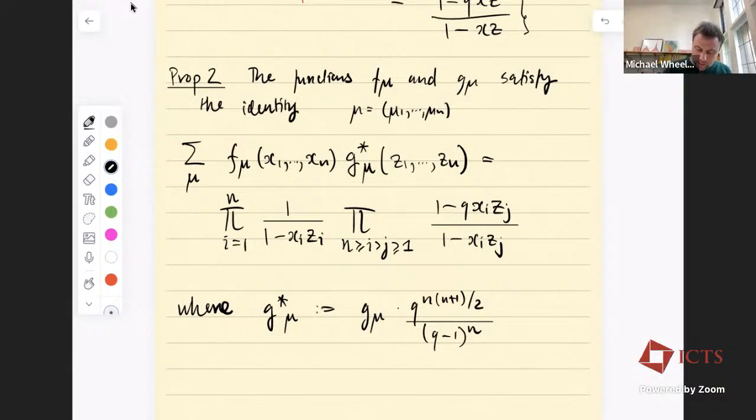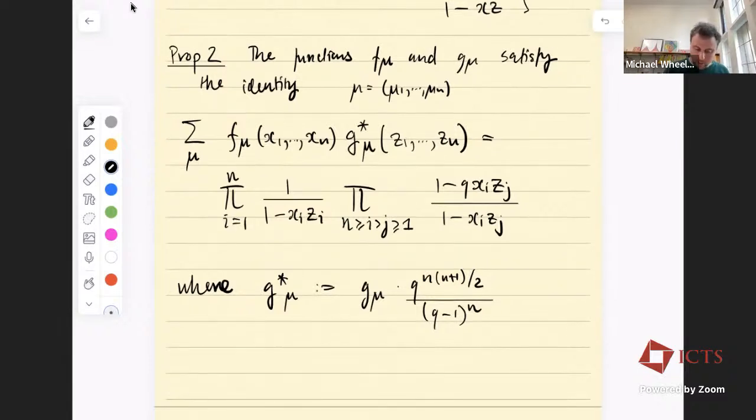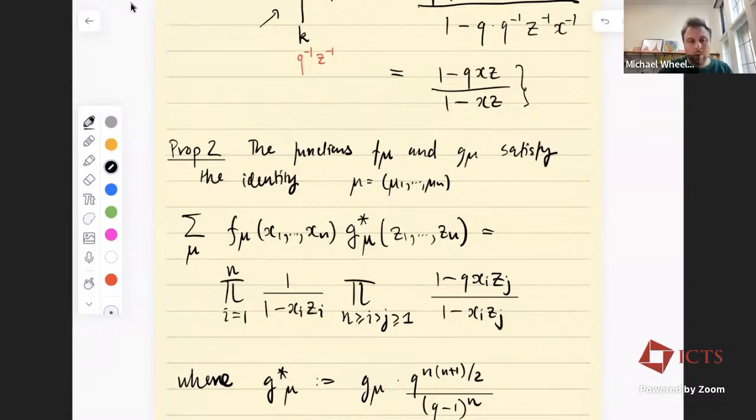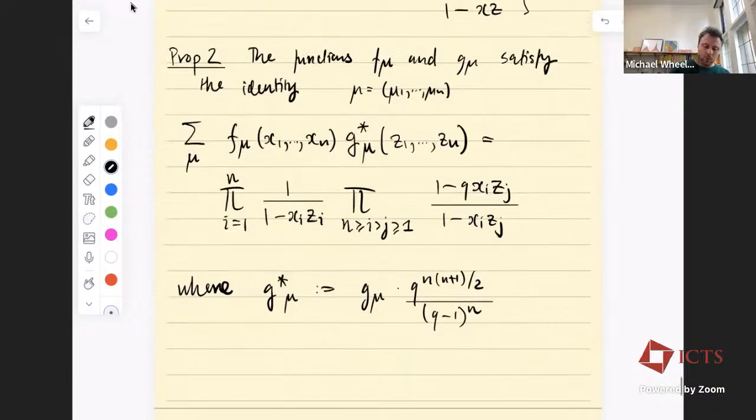And this identity, this is not really so much like a Cauchy identity. So I really want to say that the one that we proved is very similar in spirit to what's called a skew Cauchy identity in the theory of symmetric functions. This one is a bit different, and this is more closely related to a paper by Mimachi and Noumi.